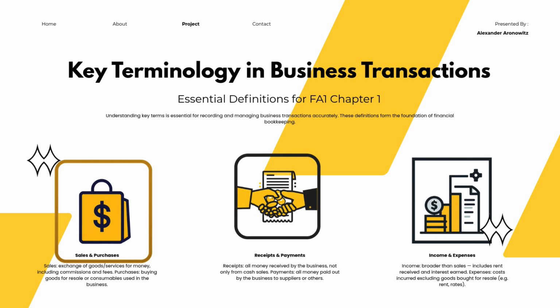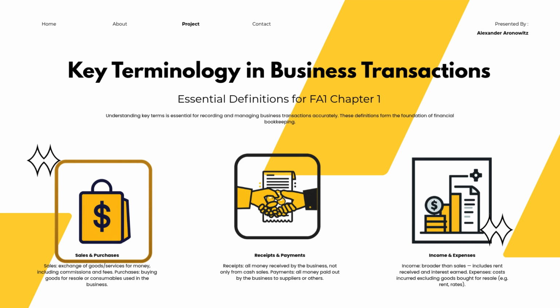Receipts and payments. These words are commonly used in our daily life also. Receipts means you receive money. Receipts means all money received by the business, not only from cash sales. So receipts are not just your cash transactions.